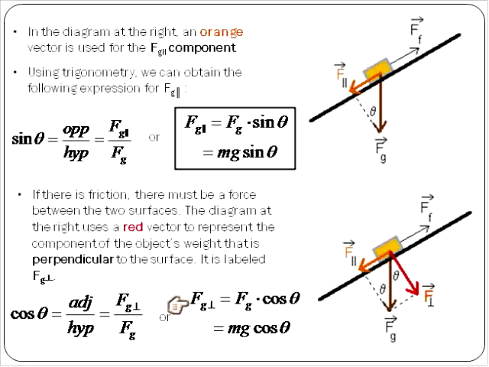Cross multiply and you get that expression. Fg perpendicular equals Fg cosine theta, which is the same thing as saying mg cosine theta. That's how you find the perpendicular component. That's useful if you need to find the normal force. And the main reason you would need to find the normal force is if you need to find friction. And friction, remember, is just mu Fn, the coefficient of friction, multiplied by the normal force.